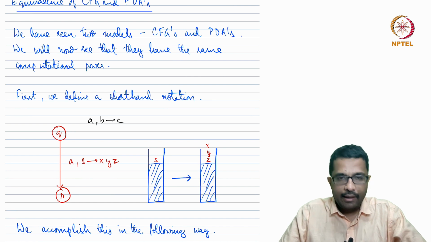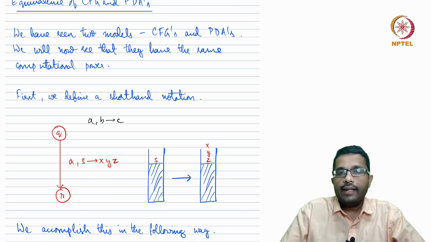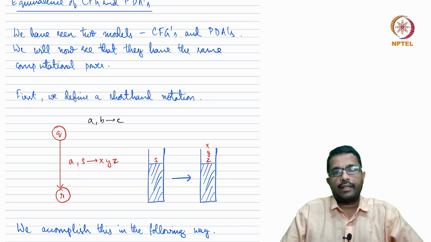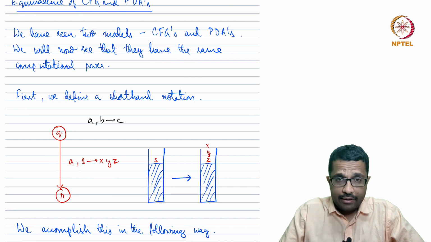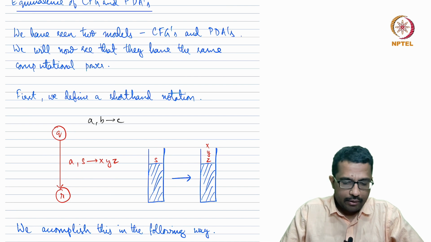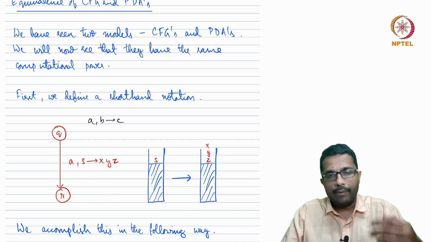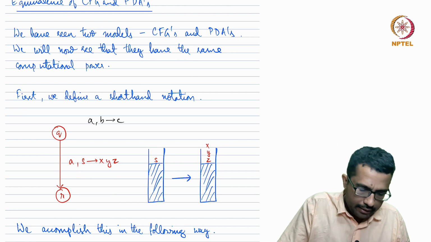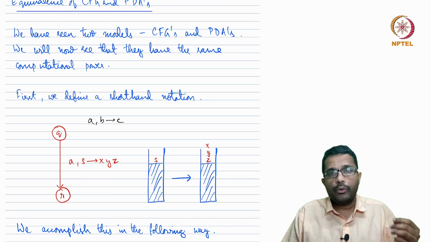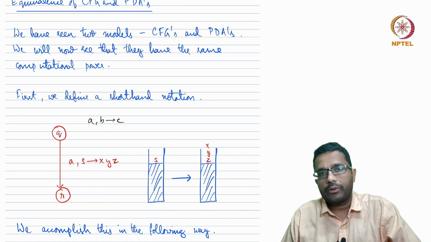Here A is a symbol from the input alphabet, B is a symbol from the stack alphabet, and C is a symbol from the stack alphabet as well. A, B, C could also be the empty string. So each one of them is a symbol of the respective alphabet or could be the empty string.